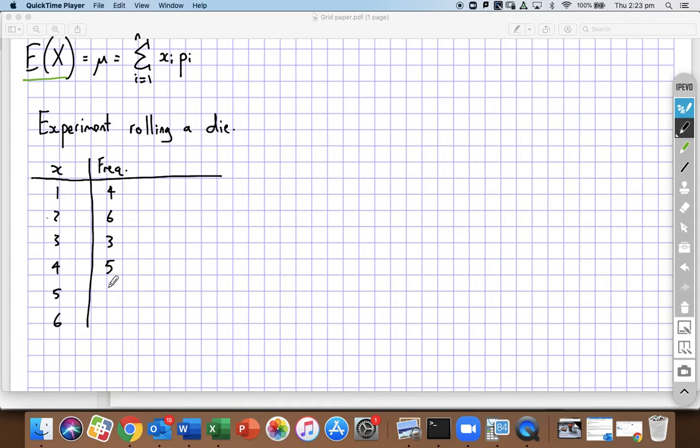We could have, I don't know, 7 and maybe just 1 6. Right. Now, the probability normally would be 1/6. There'd be a 1/6 chance that we could get a 1, 2, 3, 4, 5, 6. But if we actually did an experiment, we might get some quite different answers.